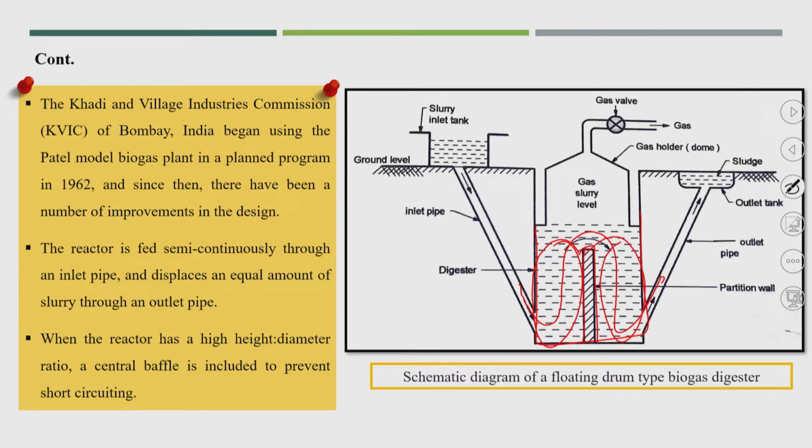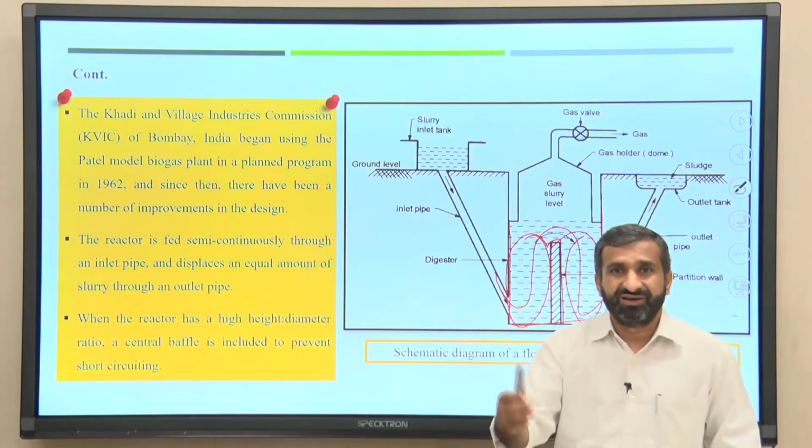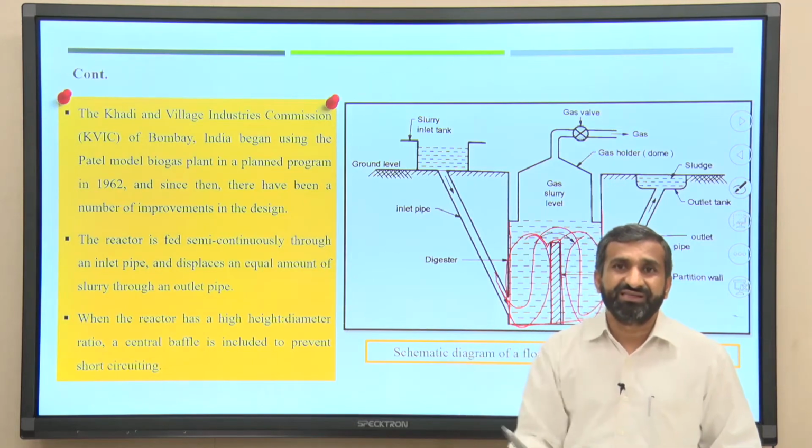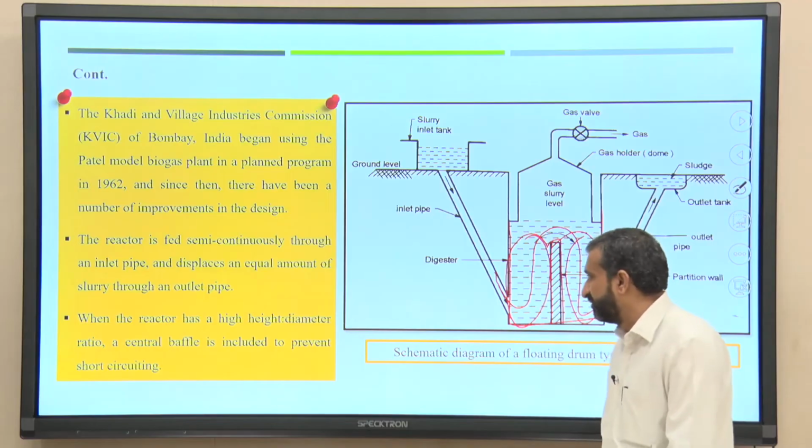That was the thought, though it is not completely separated, but the idea was that the entire material will stay inside the reactor, the residence time could be increased, and so more methane production could be possible.